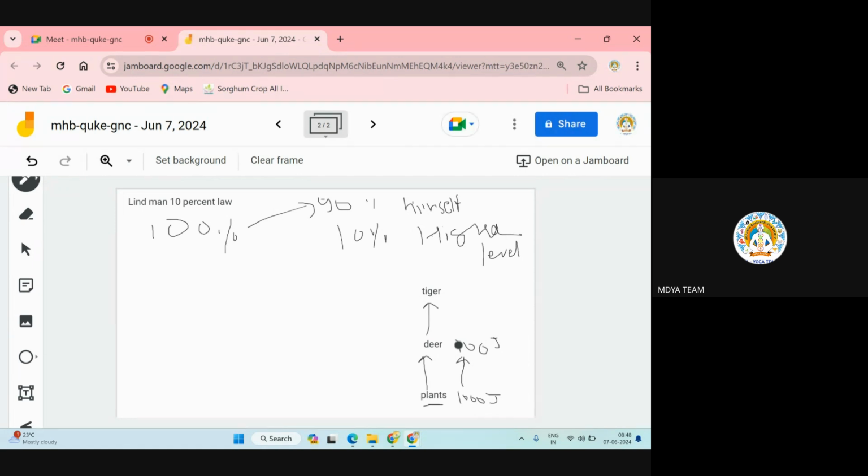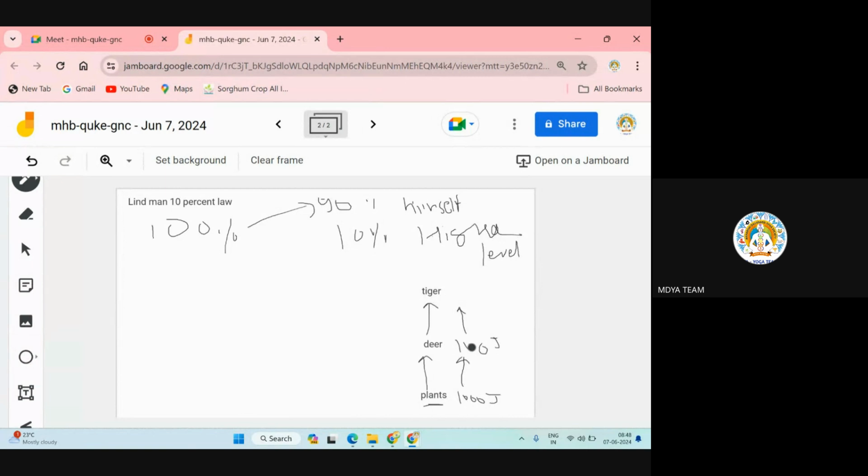Next, of this 100 joule, 90% energy the deer will be using throughout their lifetime for various tasks, for running here and there, for digestion of food, for respiration, for reproduction. Only 10% of energy will be transferred to the next trophic level. Whenever a tiger kills a deer, it will only take 10% of the energy from that.